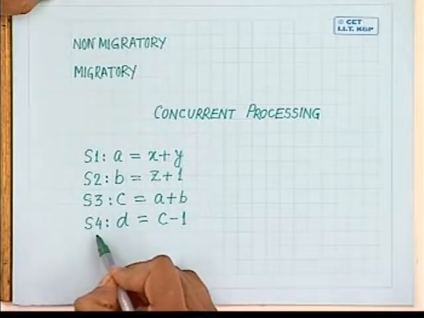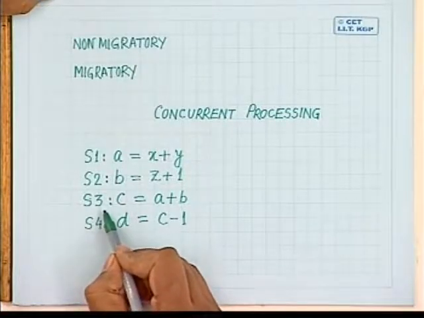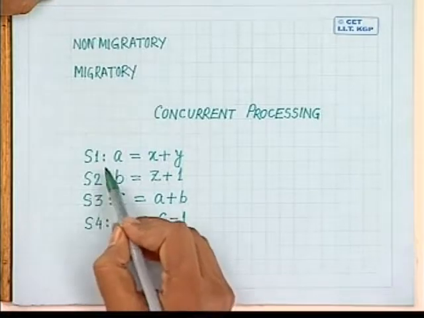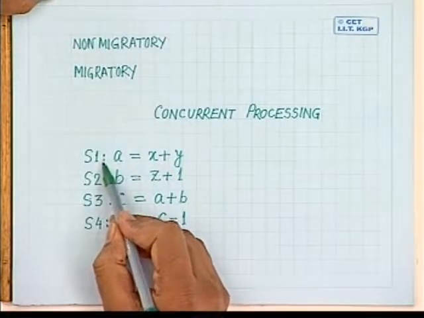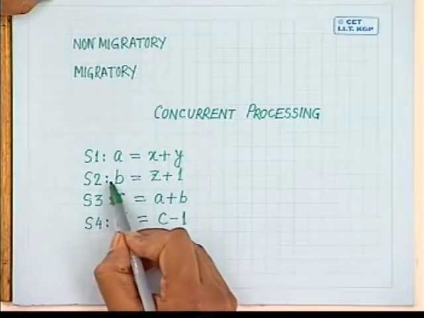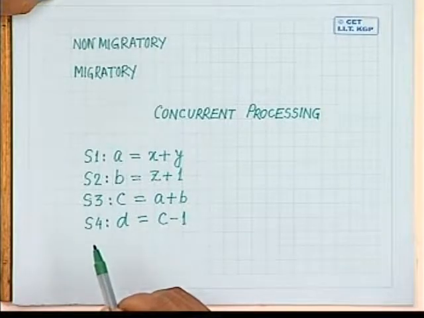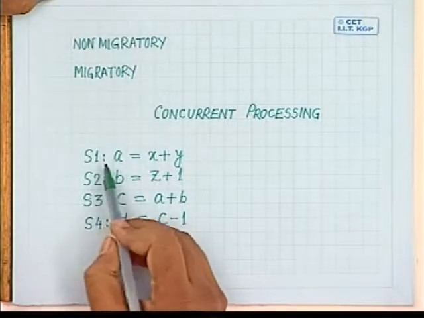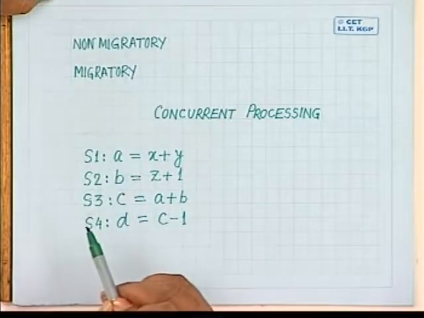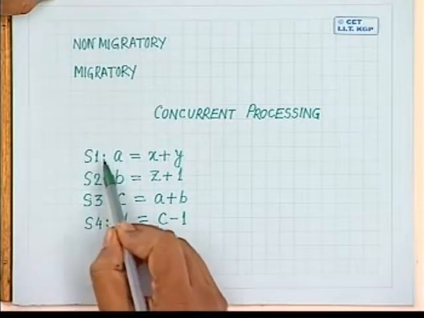So S4 cannot be computed before S3, and S3 cannot be computed before S1 and S2. Whereas for computation of S1, I don't have to wait for any statement, and for S2, I don't have to wait for completion of any other statement. So this says that S1 and S2 can be executed concurrently. S3 cannot be computed concurrently with S1 and S2.